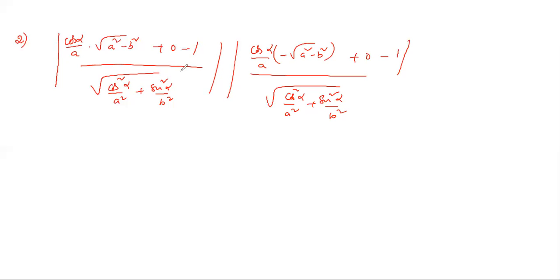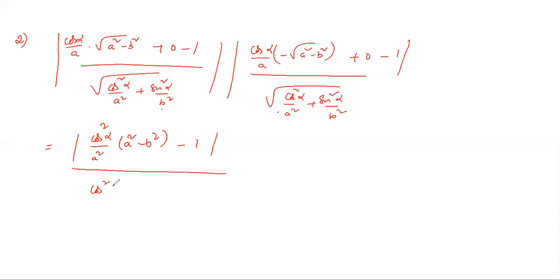Perpendicular distance is mod of (ax1 plus by1 plus c) by root a square plus b square. So the product: this is a plus b, this is a minus b, which means a square minus b square. So cos square alpha by a square, root a square minus b square will cancel. Root cancel means a square minus b square, minus 1. And in the denominator also, root a into root a, this one into this one, so root will cancel.